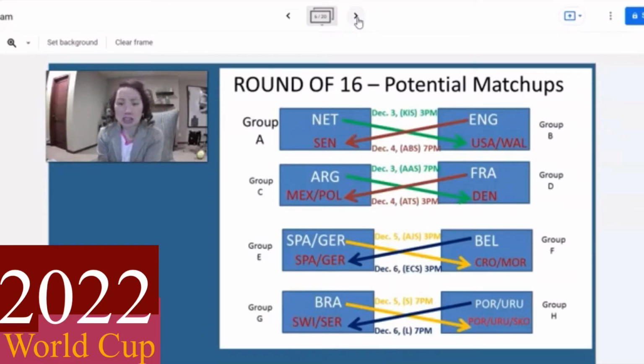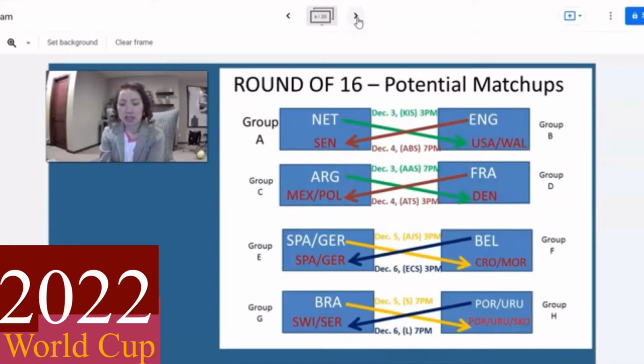And Argentina will most likely meet Denmark, and France will meet Mexico or Poland. So the path is relatively clear for Netherlands, England, Argentina, and France to advance to the quarterfinal. Maybe a little bit of a challenge for Netherlands, but I think they will make it through.